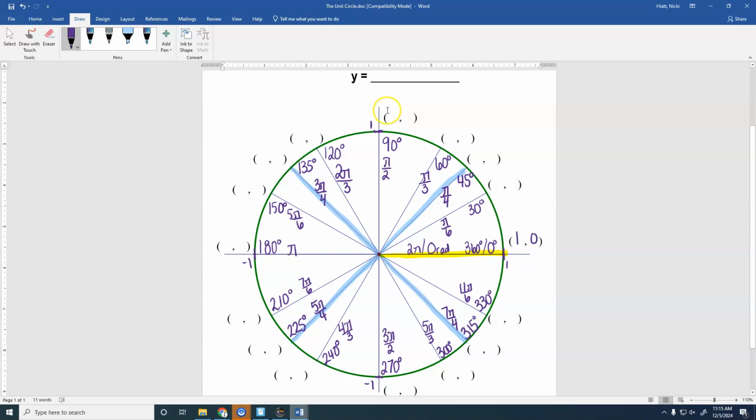What are the coordinates of this point right here? 0, 1. Just like you were graphing the point 0, 1 on the coordinate plane. What about over here? -1, 0. And what about down here? 0, -1.